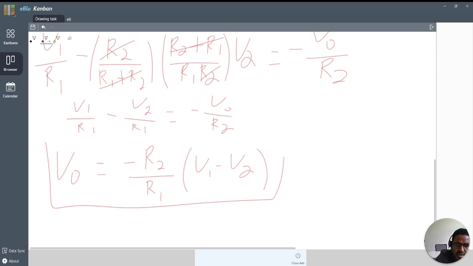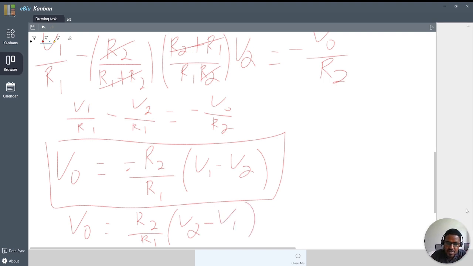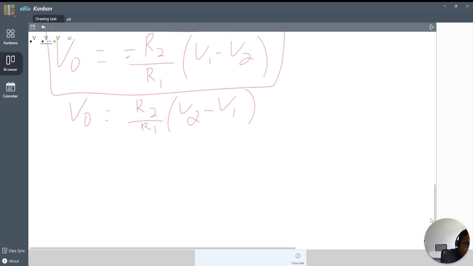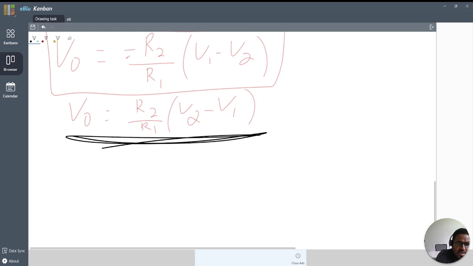This is our V out. Let's see, this negative sign multiplies for both of them. V out becomes R2 over R1 times V2 minus V1. So this is our V out for the differential circuit.